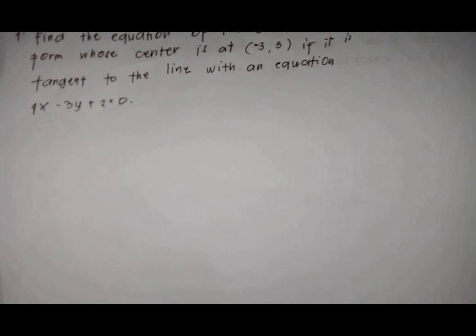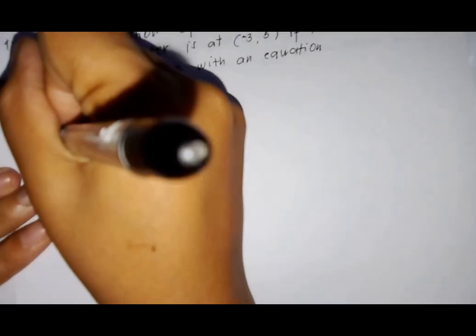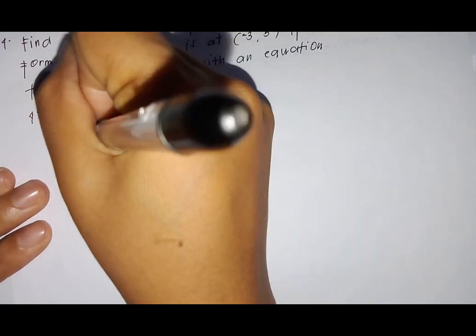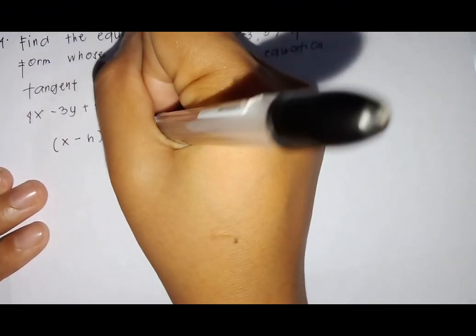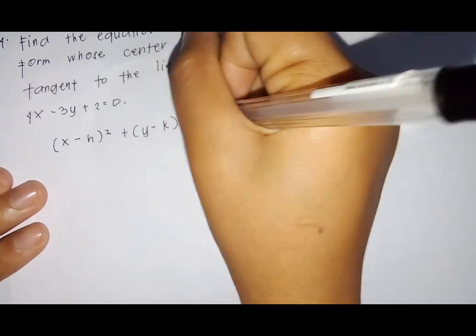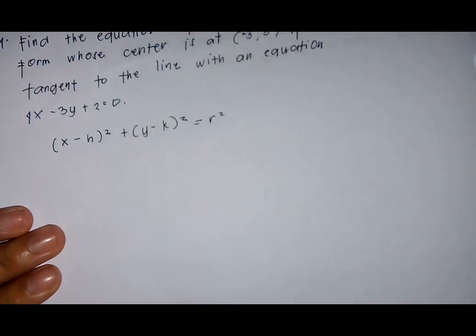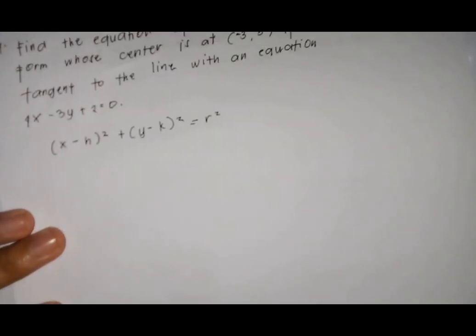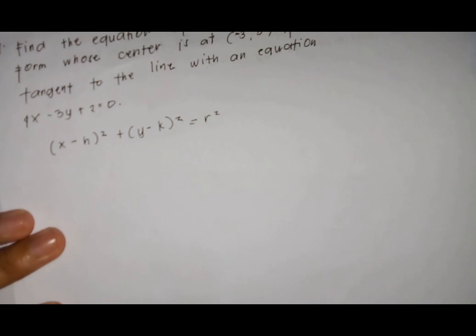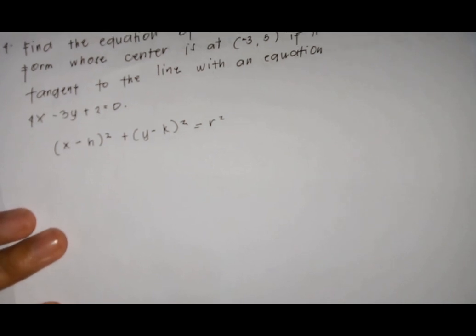So the general equation of a circle is x minus h squared plus y minus k squared is equal to r squared, where h and k is the center of the circle and r is the radius.